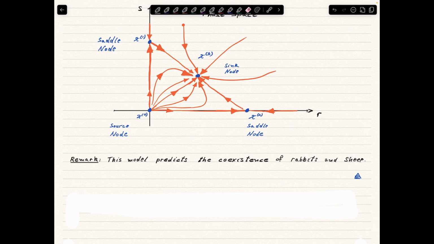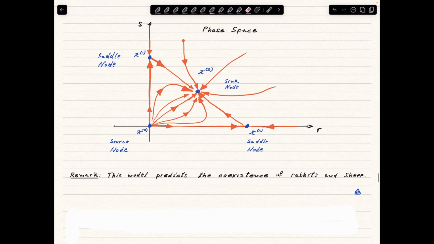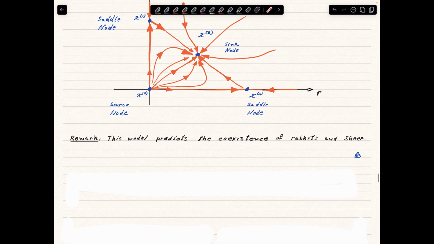So this phase space diagram predicts that this model predicts the coexistence of rabbits and sheep. So it's a very different prediction from the previous system.